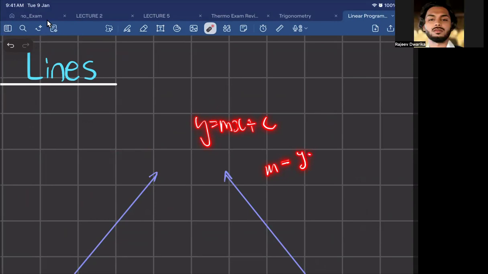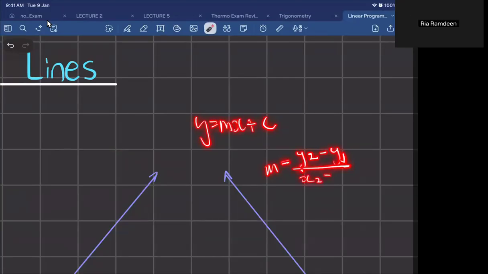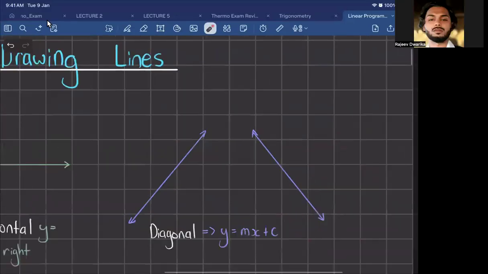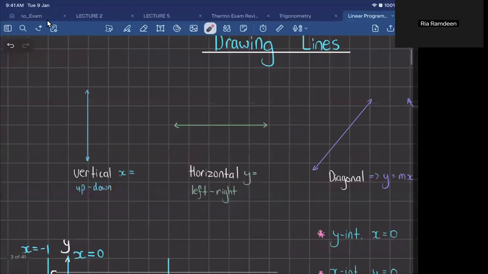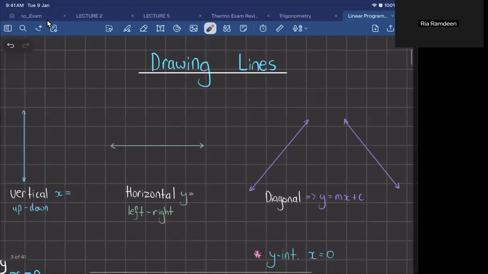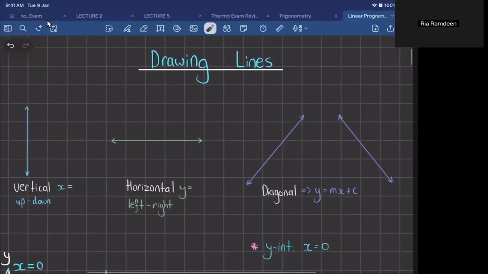If you want to find a change, it's going to be the final minus the initial. The final answer before the right. And then what's going to go in the bottom? x2 minus x1. Please don't forget that. I really have to do more of that specifically because I always forget that formula.